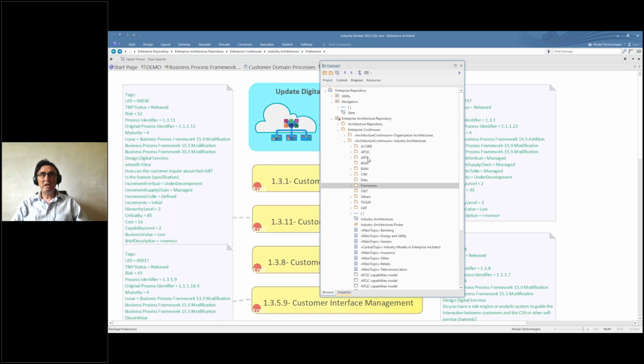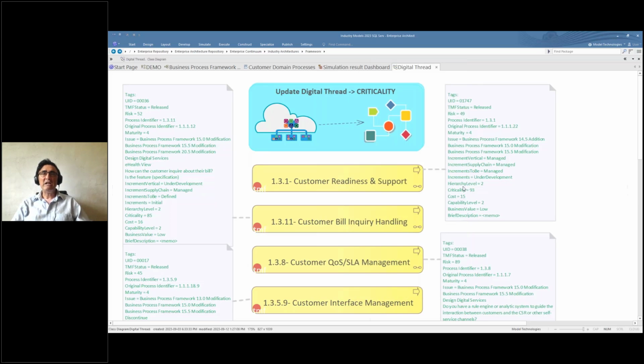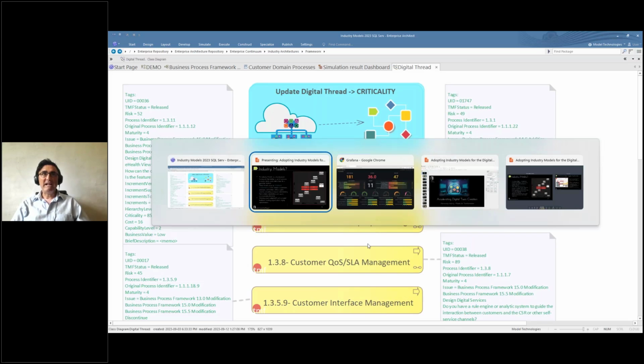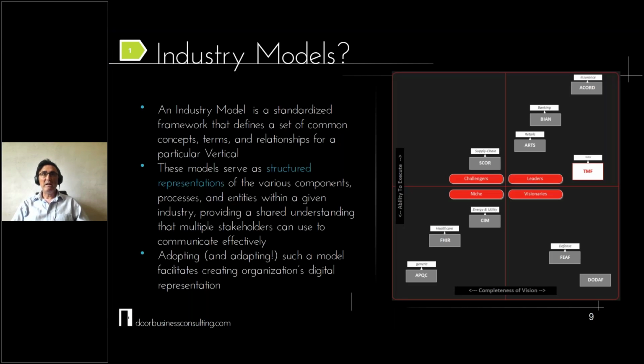As you can see here, we have a lot of them. So we have ACORD, that is insurance, ARTS, that is retail, BIAN, that is banking, CIM, that is for energy and utility, and so on. So it is possible, but clearly it adds a lot of complexity to your own model and will require special care. Thank you for the question. That is a good one.